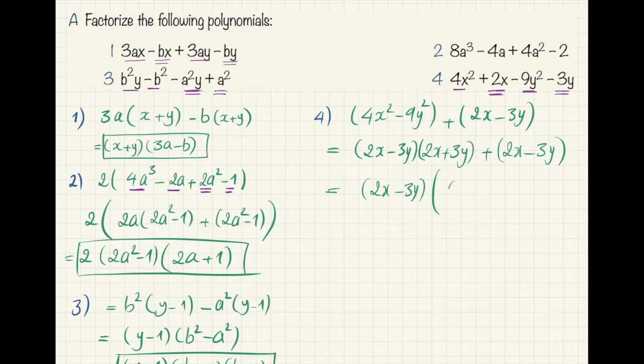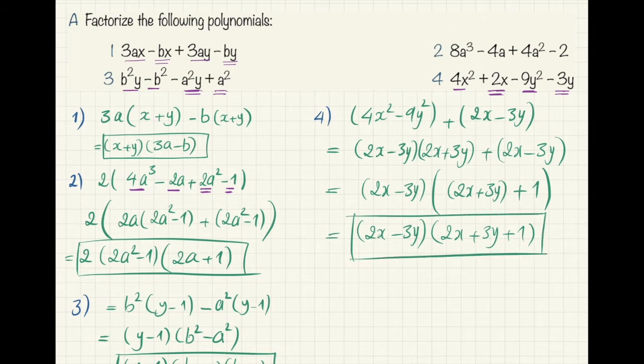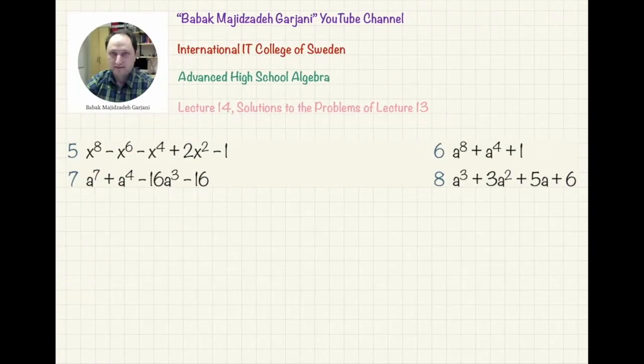What is left from the first one is 2x plus 3y, and what is left from the second one is just plus 1. But no one uses extra brackets if they are not needed, so let us remove them because they are not actually needed in this case, yes? So then it becomes 2x plus 3y, and I have 1 at the end. So that is also the solution of part 4. Good. Let us go to the next page.